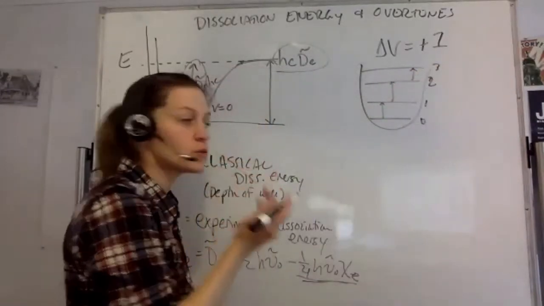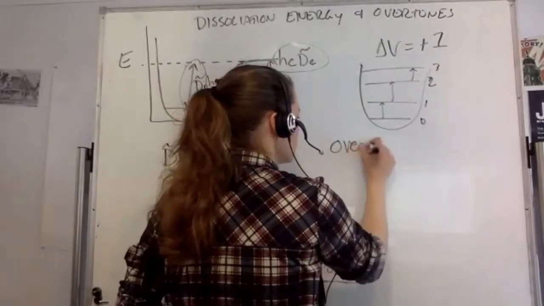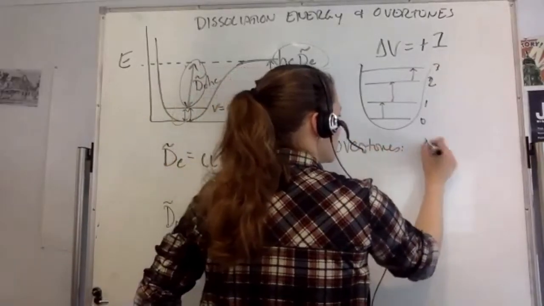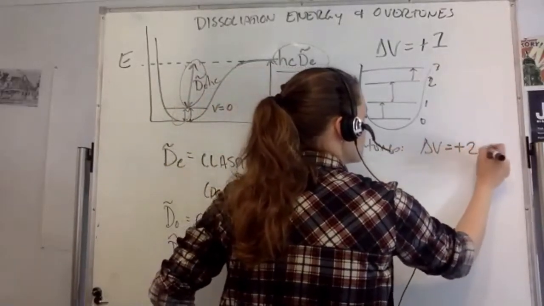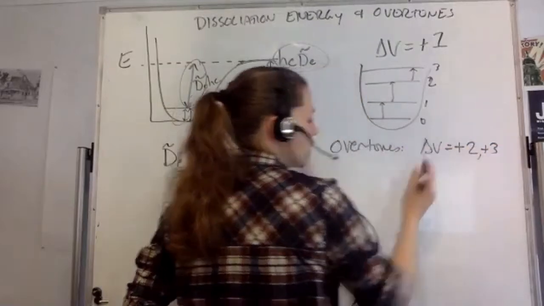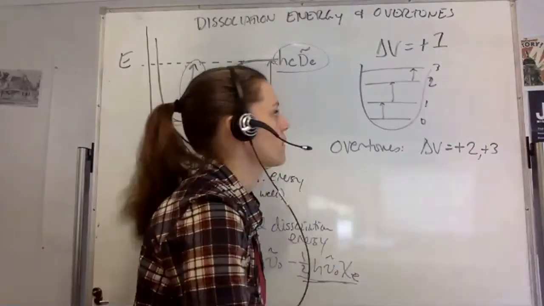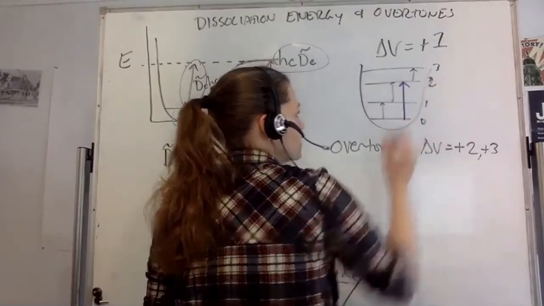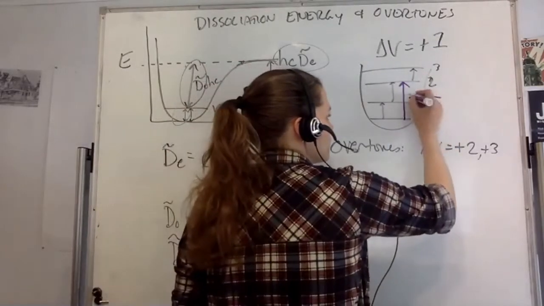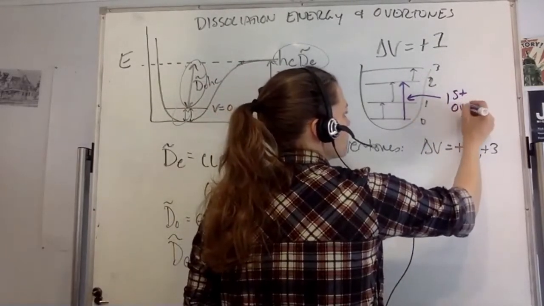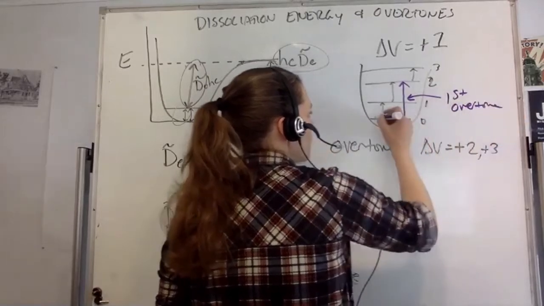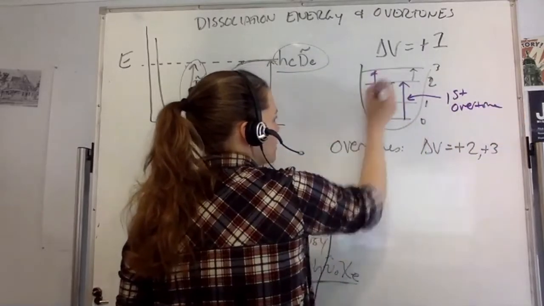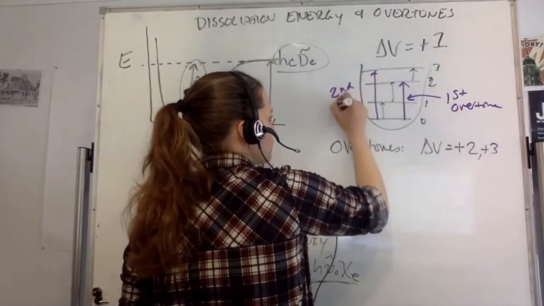Cool. Overtones are when delta V is equal to plus 2 or plus 3. And so a very popular one is from 0 to 2. This is called the first overtone. And then from 0 to 3 is the second overtone.